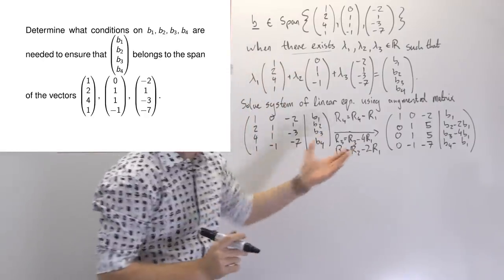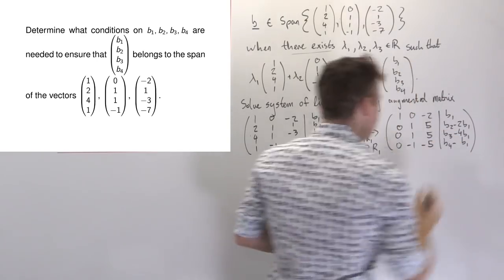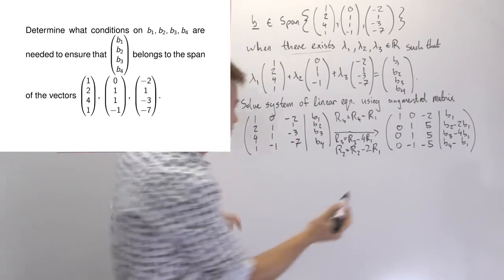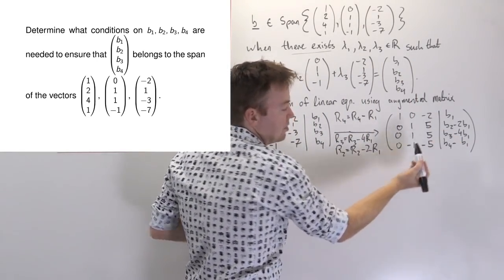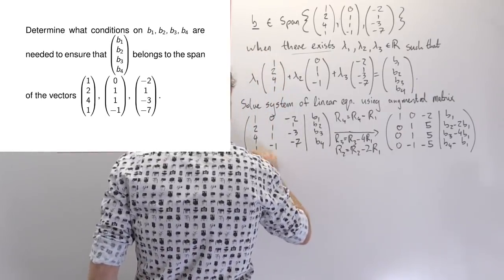Good, it's looking a little bit more like a row echelon form, so -5. I just need to kill off these terms, and of course I can do that quite easily. Row.